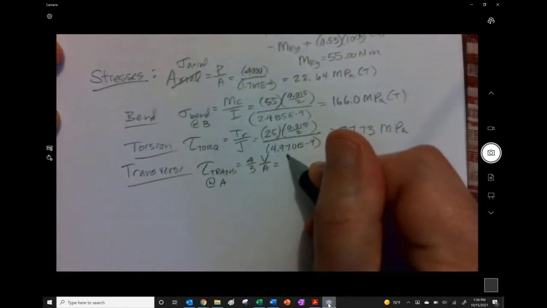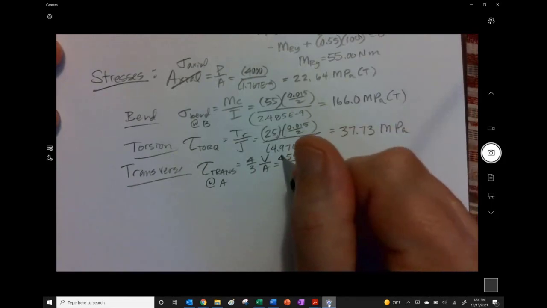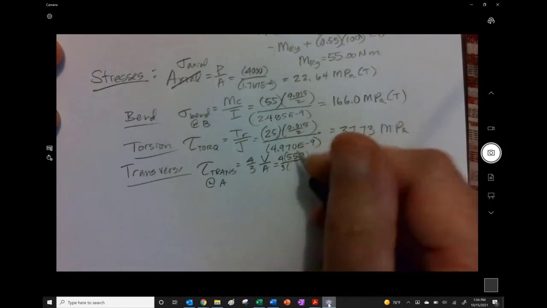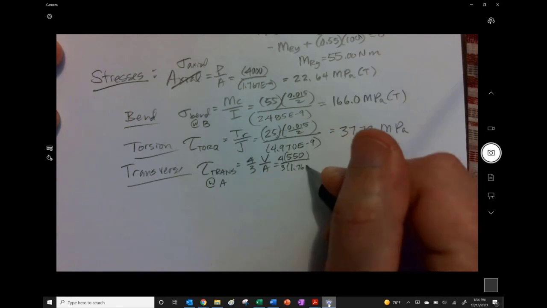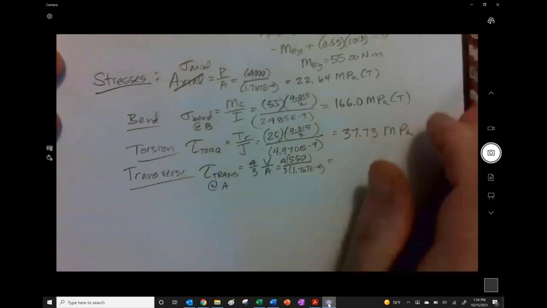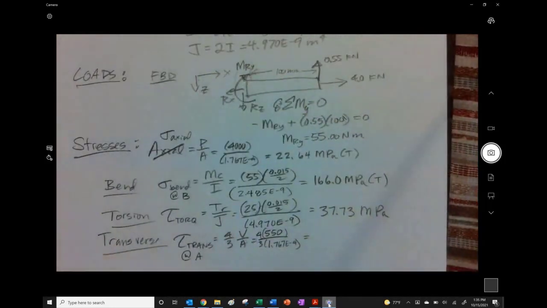So we go 550. Well, I need that 4/3 in there too. I forgot. It's not going to be a lot, is it? 1.767 E minus 4. And so 550, right? 0.55.